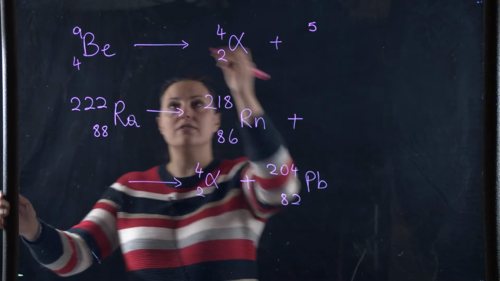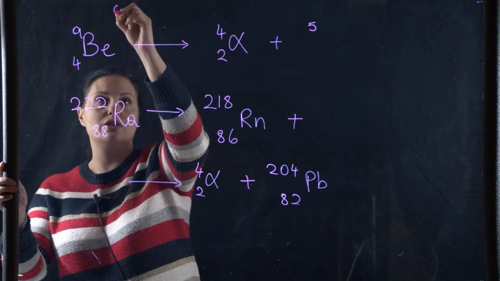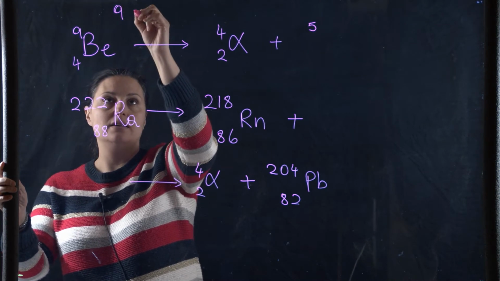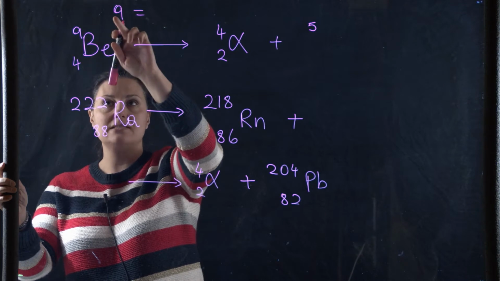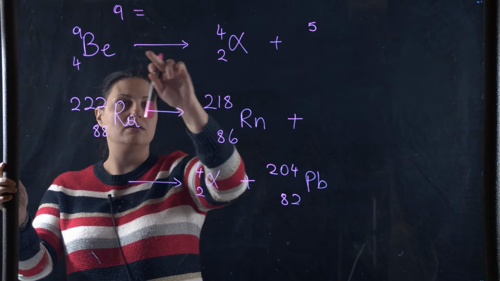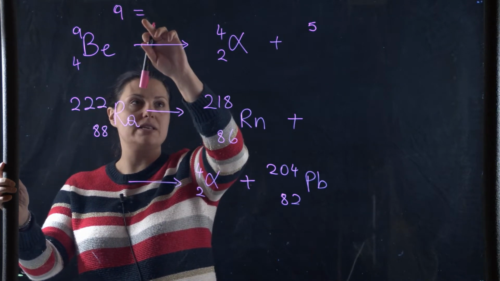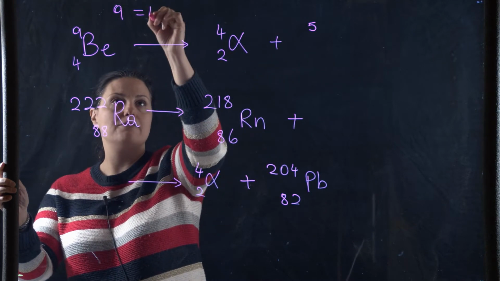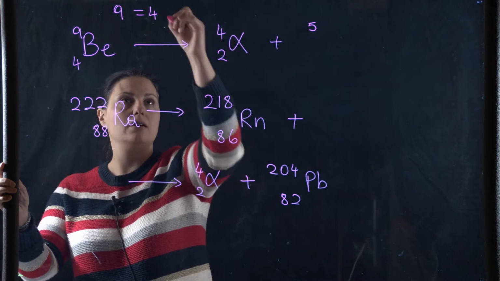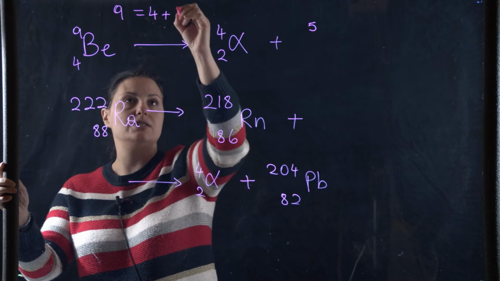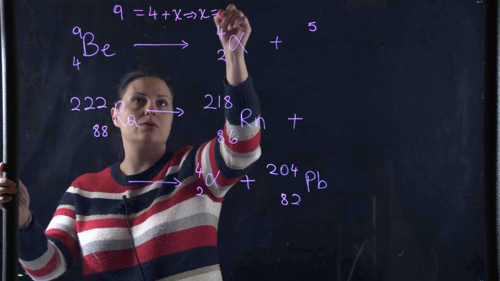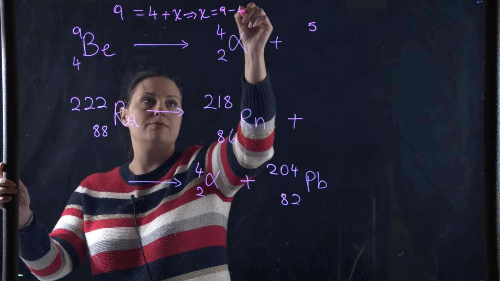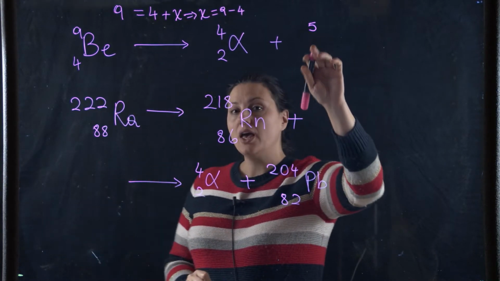If you want to think of it as a mathematical equation, treat this arrow as an equal sign. 9 is my mass number, and then I have 4 from the alpha plus an x, because I didn't know it. So solve for x: x is equal to 9 minus 4, which is 5.